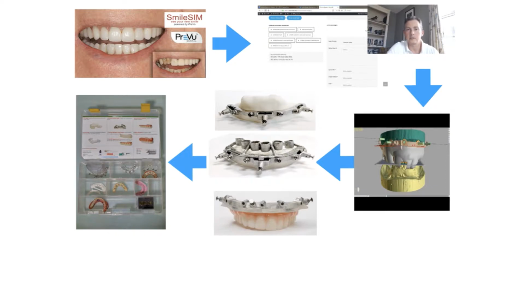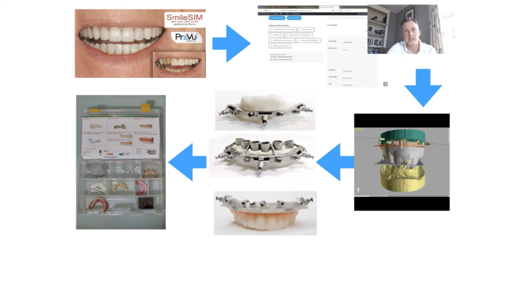At that point, there is then an online meeting that takes place between the technician in charge of your case and yourself. It is extremely important at that point that everything is finalized and everything is agreed, from the bone removal to the implant placement to the prosthetic and all the necessary bits and pieces that go into making the prosthesis and the guides.